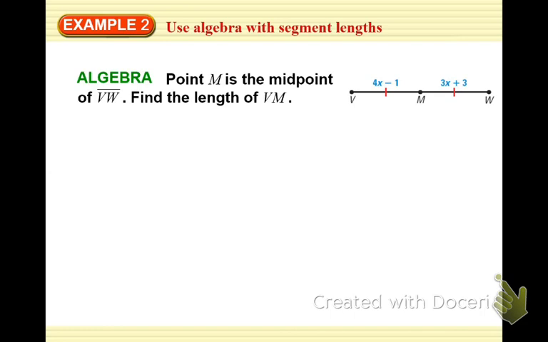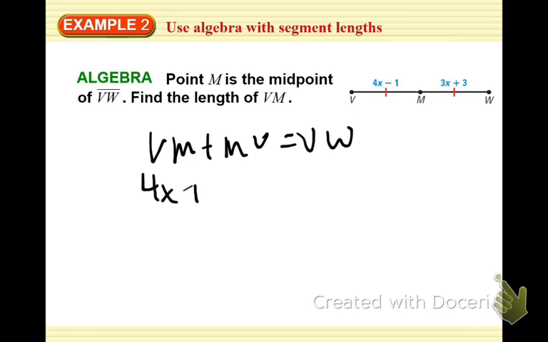All right, well, I've got segments here. I know from the segment addition postulate that this is true. So I could do something like this. So now I'm going to plug in.